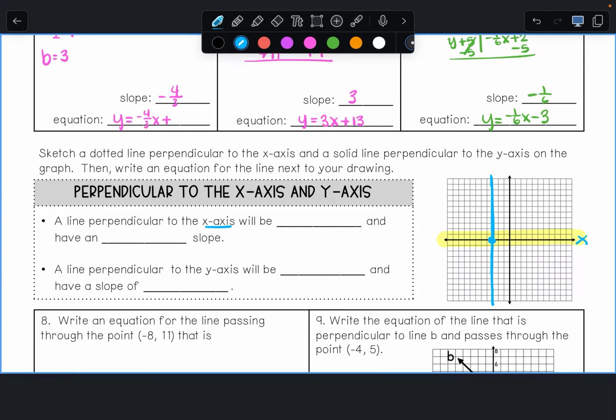So we're going to graph a vertical line. And I put that at the -3, because I know those boxes are very small. So, a line perpendicular to the x-axis. This time we're not drawing parallel. We're drawing perpendicular lines. It will be vertical. What do we use for vertical lines? Bucks. So we know it's going to have what kind of slope? Undefined.